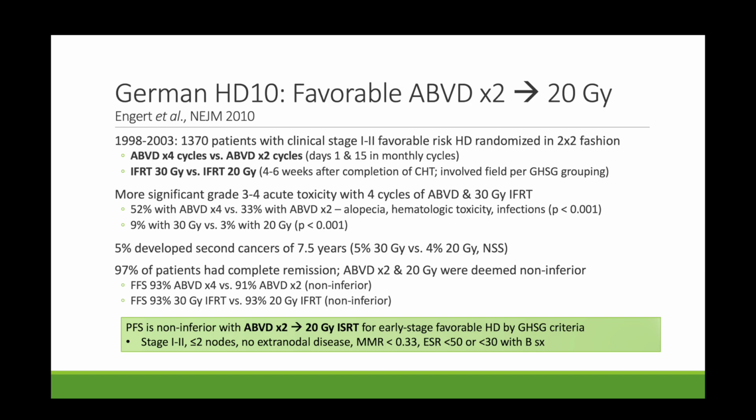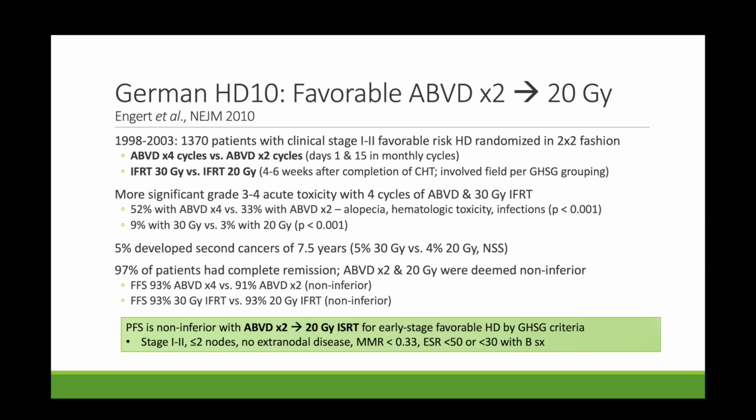And then again, just to review which patients would have qualified for this trial, it's early stage favorable patients. So stage 1 to 2 disease, 1 to 2 nodes, no extranodal disease, a mediastinal mass ratio less than 1/3, and a low ESR. So these are the favorable early stage patients by German criteria.